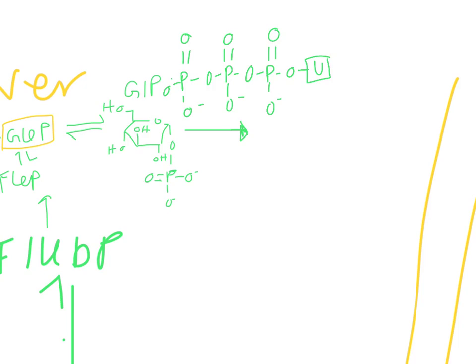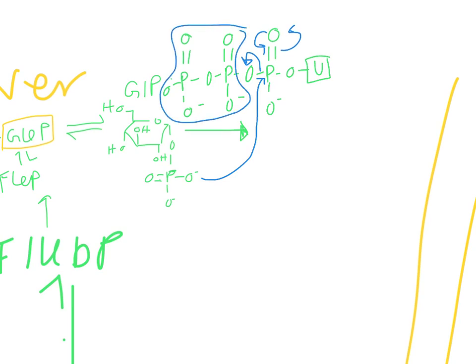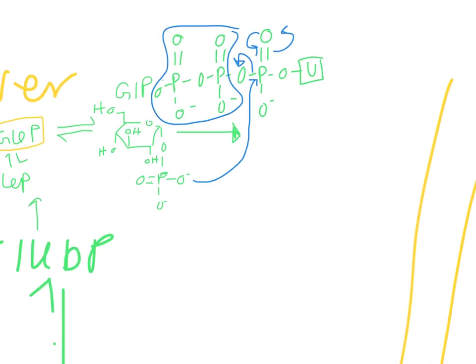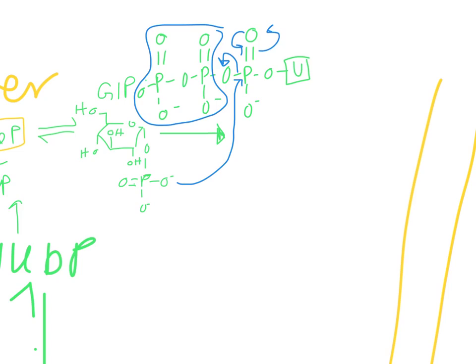The phosphate on G1P is going to attack the alpha phosphate on UTP. Electrons go up, they come down, and we lose a pyrophosphate. So this whole group right here is going to break off. That's what supplies the energy to get what's called a sugar nucleotide, or UDP glucose.